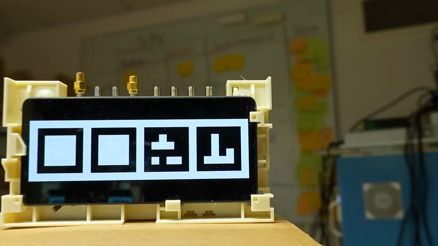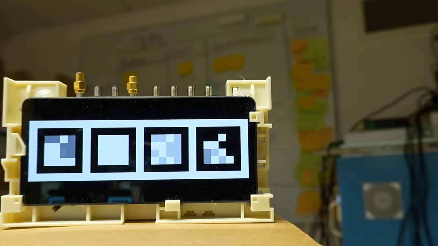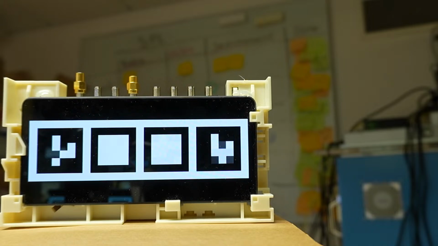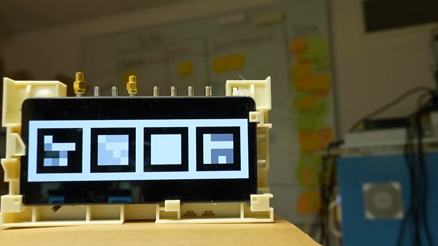The source is 0 to 540. So x left is 0, and then y top is 0 again. And then the bottom right is 540 and 720. And then the destination should be 540.